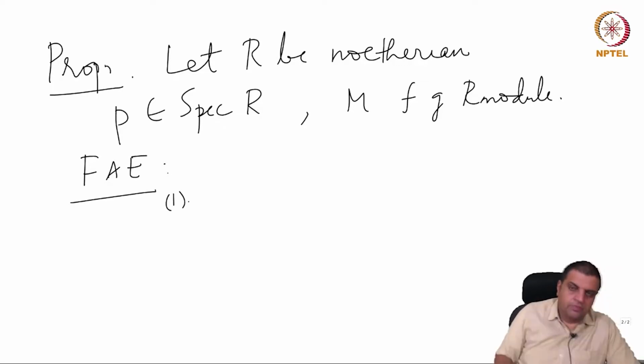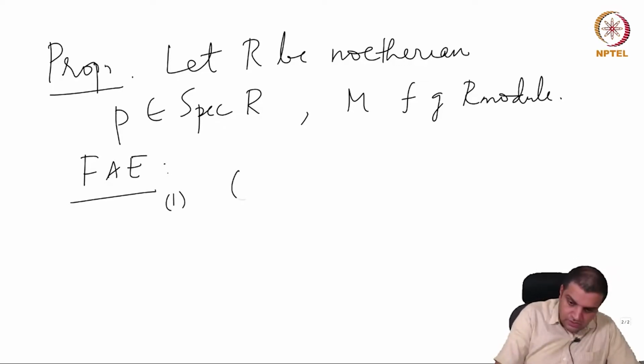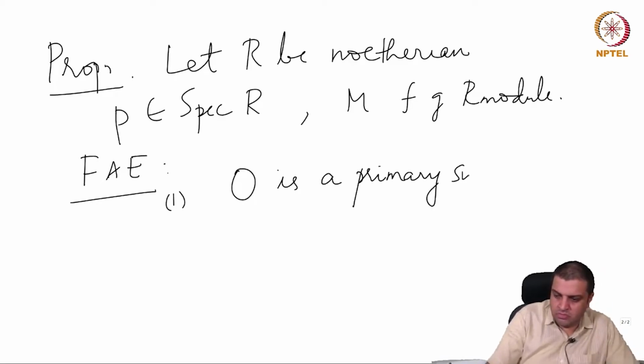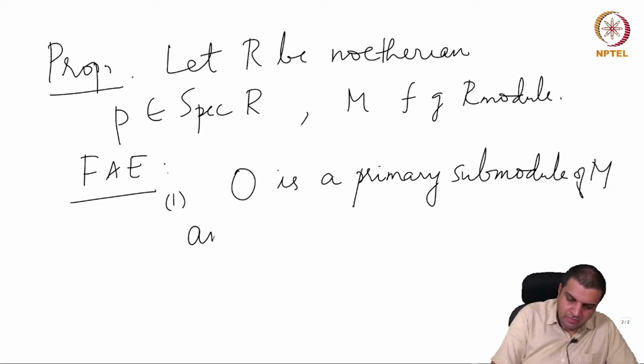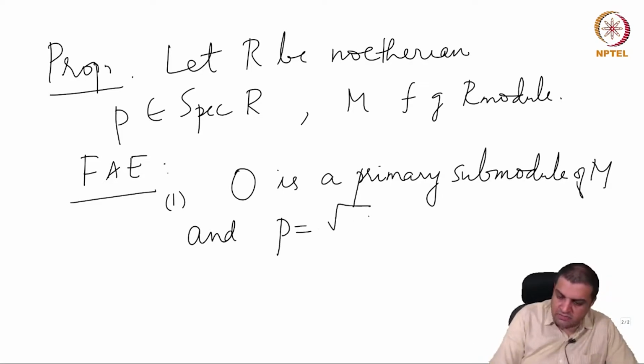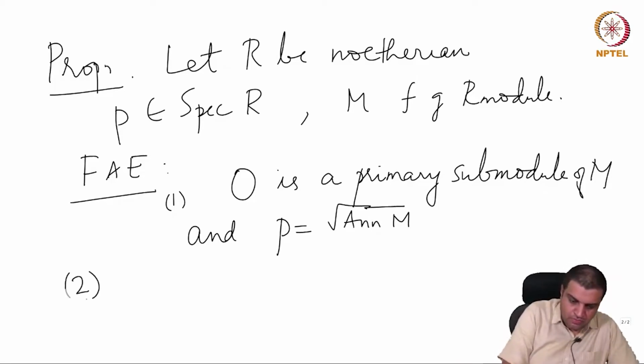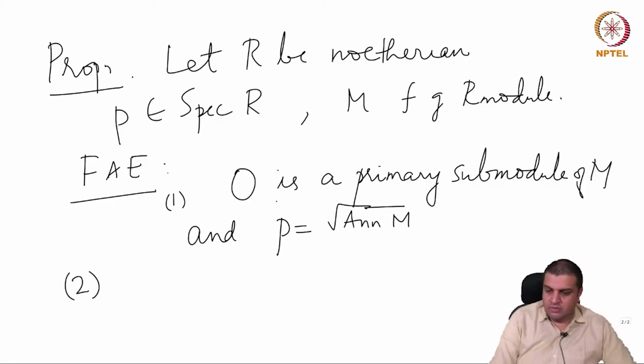1. 0 is a primary submodule of M, and P is the radical of the annihilator of M. Sorry, I misspoke.